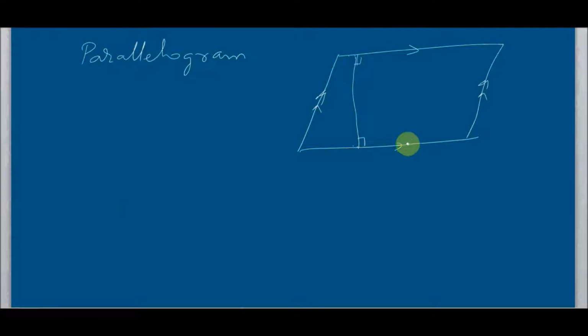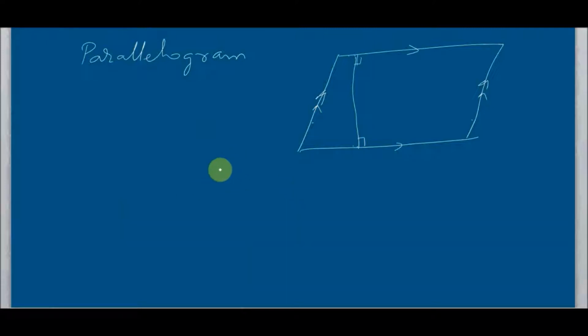So we can say this is the parallel side. Similarly, in this case, the distance between these two lines will be equal, until you go towards infinity. So this is called a parallelogram, right?